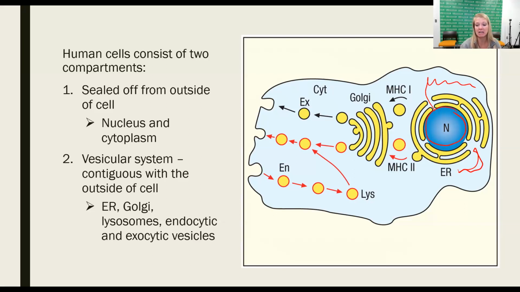It is like the body of the cell, whereas this vesicular system is made up of extracellular components that get brought in through endosomes and then will be shunted out through some sort of endosomal vesicle.